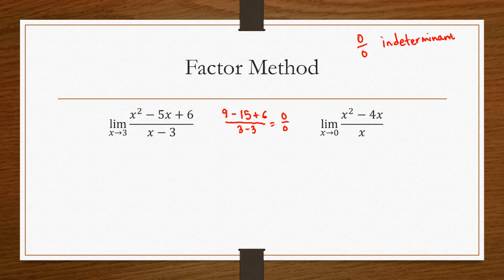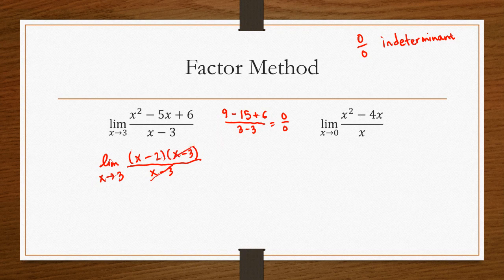So if I look at my numerator here, I have a factorable quadratic. It would be x minus 2 times x minus 3, which multiplies to make positive 6 and adds to make negative 5. And then I have x minus 3. So if I take the limit as x goes to 3 here, my x minus 3's are in both the numerator and the denominator.